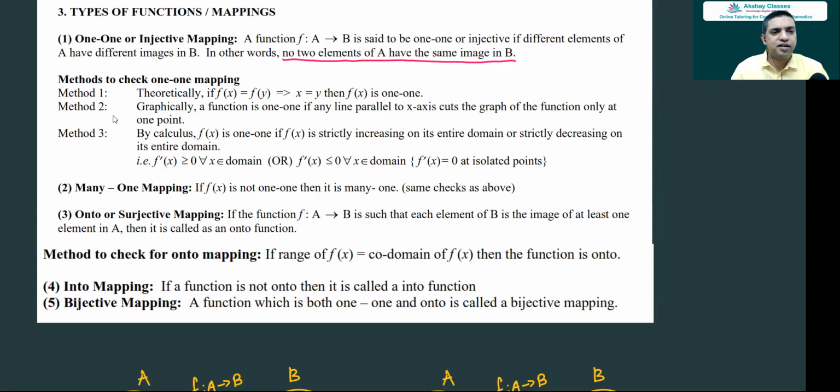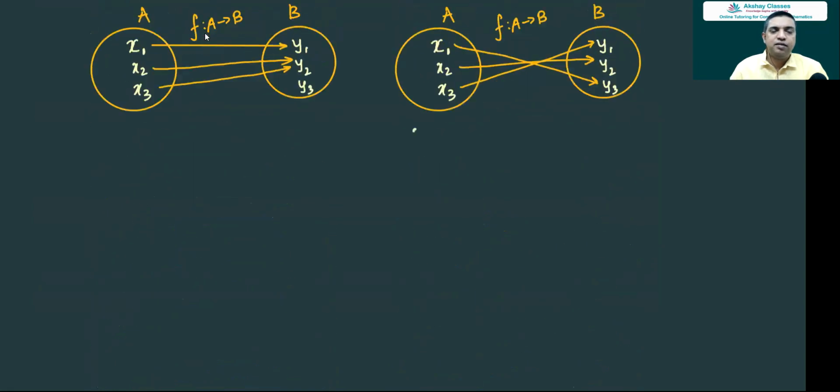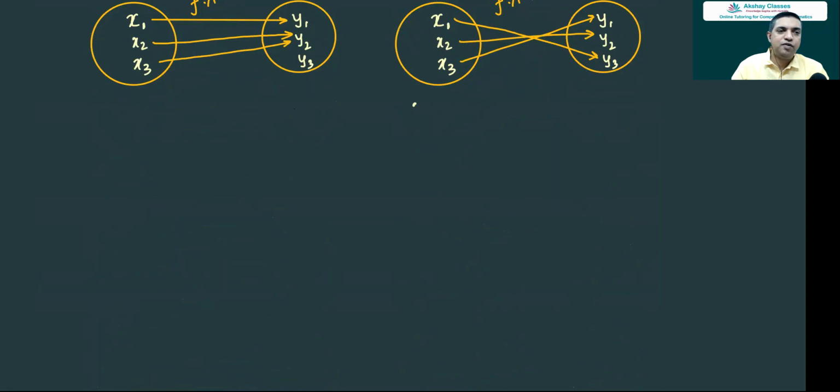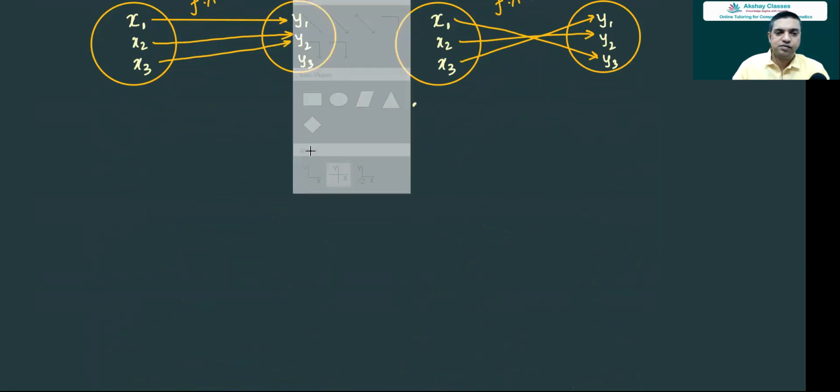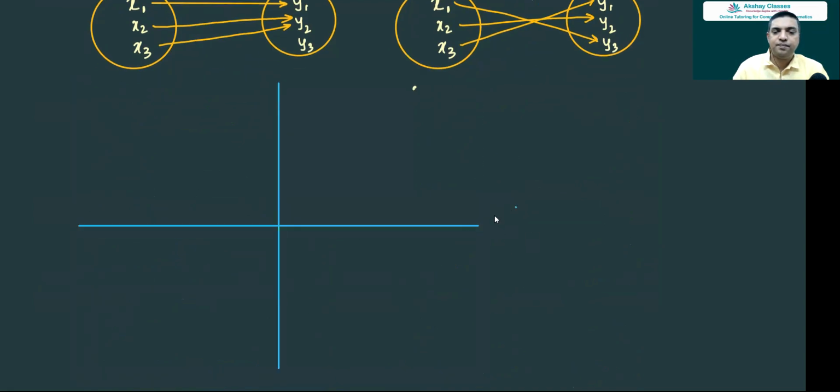These other points you can, I'll just highlight it. Methods to check one-one. For a one-one mapping, usually when you draw a graph for a one-one function, let's say just now we drew a graph of a straight line.